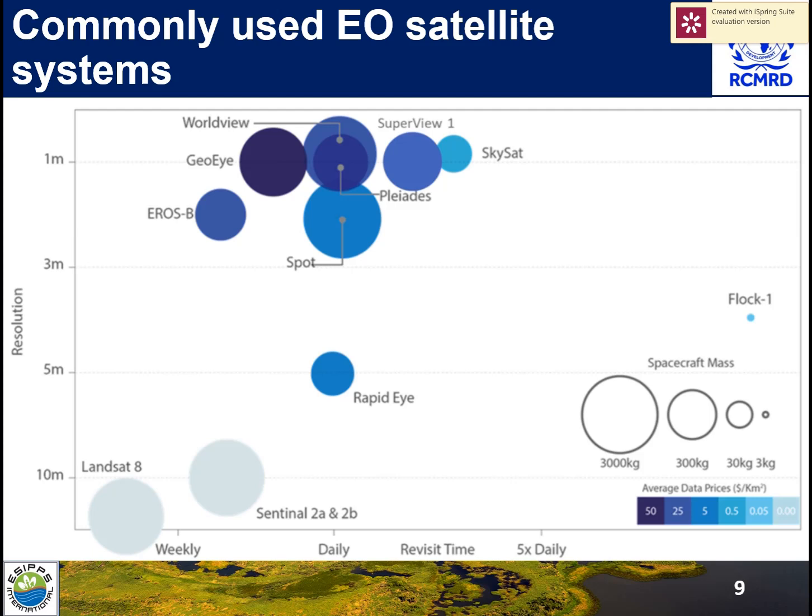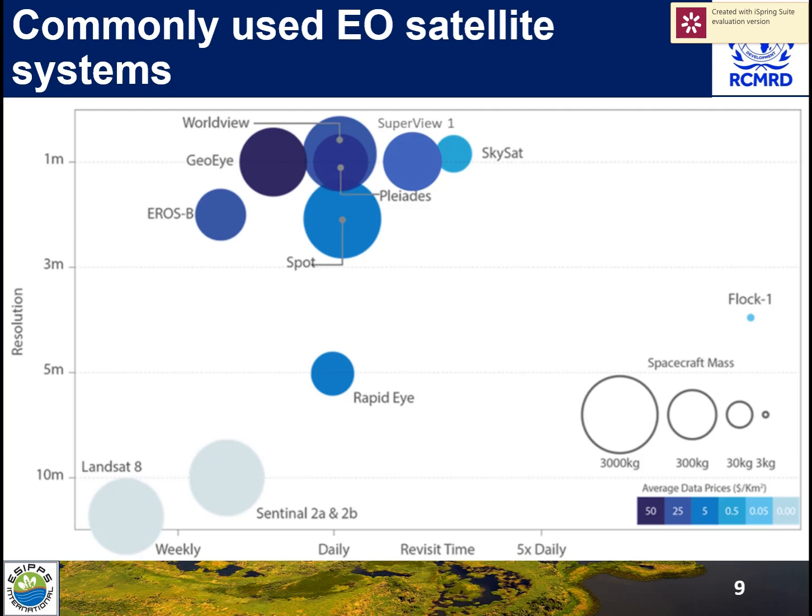Sentinel, on the other side, has a revisit time close to between weekly and daily, but the resolution is more improved compared to Landsat 8.